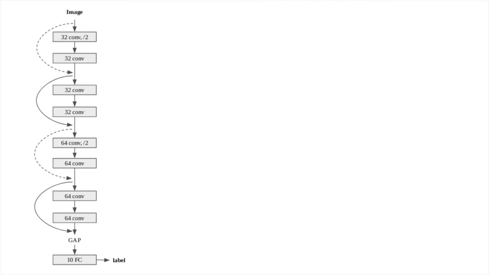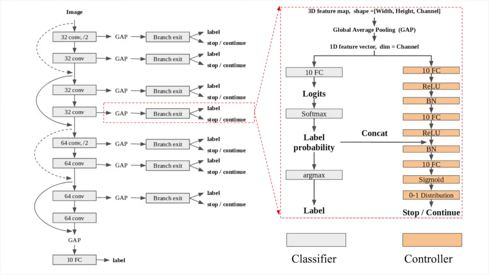First, EPNet has a main branch which is the same as the ordinary ResNet. On each of the convolution layers of the main branch, we connect an additional branch exit. Each branch exit outputs a predicted label and a controller signal indicating whether to stop at the current exit or continue the forward propagation to the next branch exit.